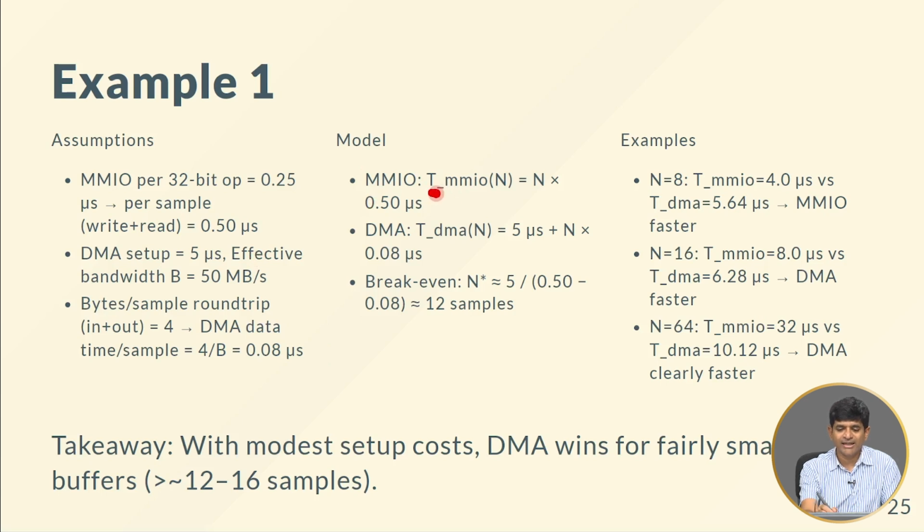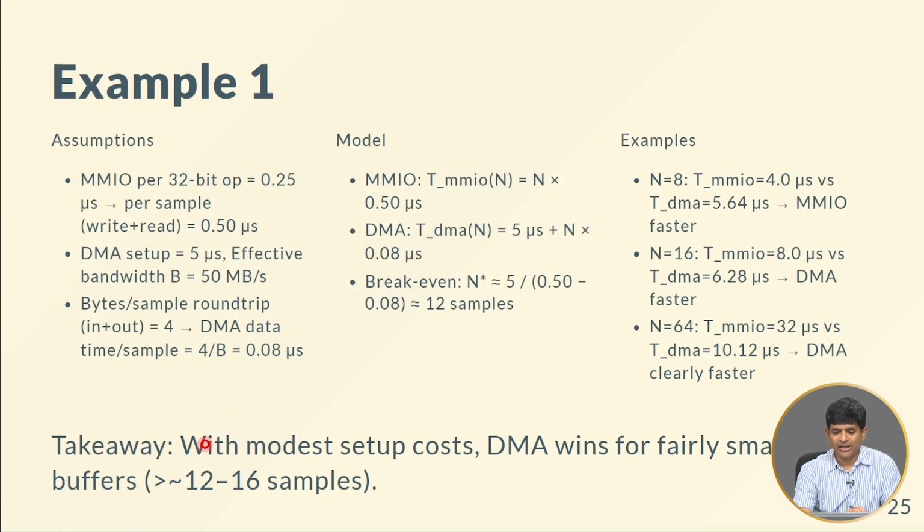The time taken for MMIO of n words is going to be n into 0.5 microseconds. In the case of DMA, it's going to be the setup time of 5 microseconds plus n into 0.08, because 0.08 was the time for one word to be transferred.